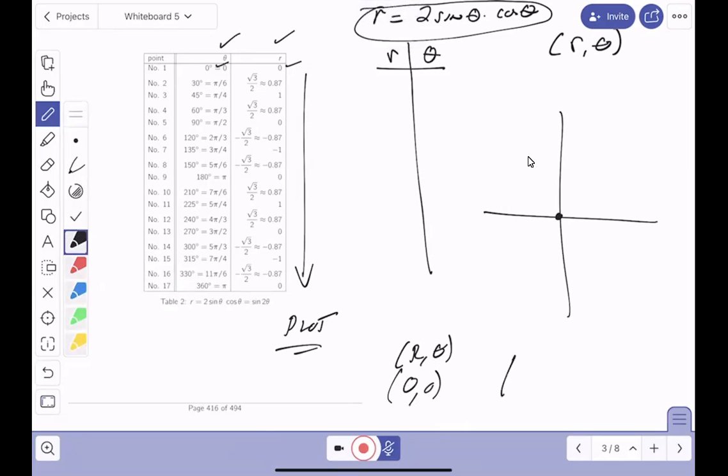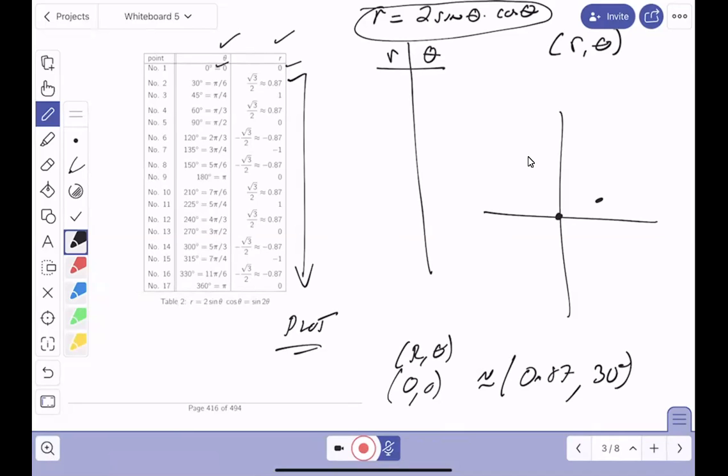What's the next point going to be? Well, the next point, let's see, what's the r? About, I'm going to put down about, this is about, by the way. I'm looking at the second point, 0.87, that's about. And then the angle is going to be 30 degrees. I locate 30 degrees and I move out. So something like this over here. All right. And you keep plotting point after point after point.